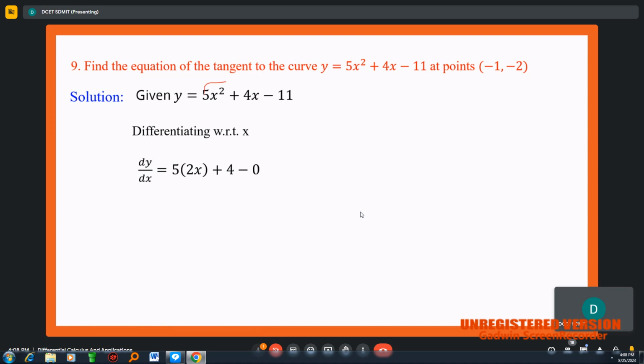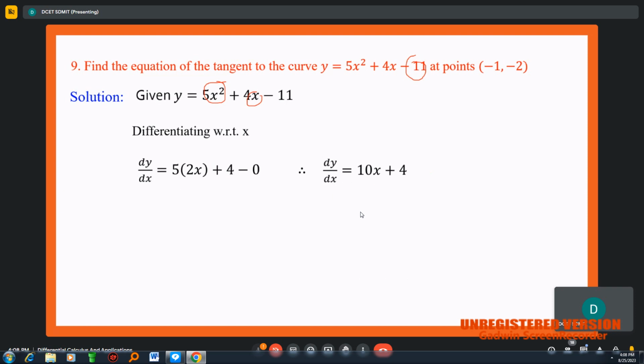What is the differentiation of 4x here? 4 is a constant, the differentiation of x is 1, minus the differentiation of 11, which is 0. So we get dy by dx as 5 into 2, 10x plus 4.